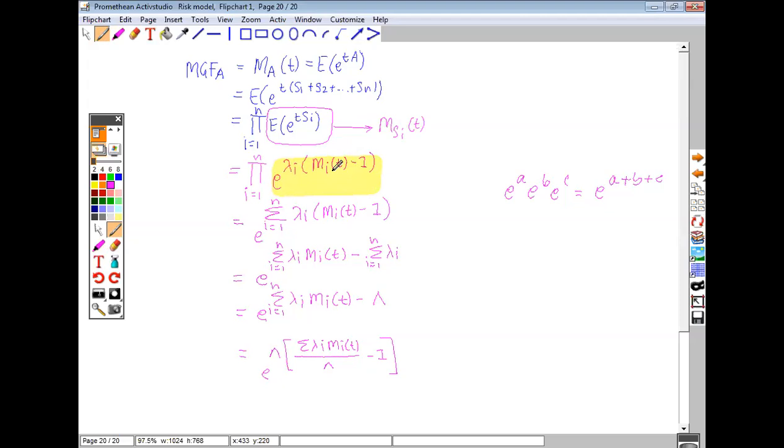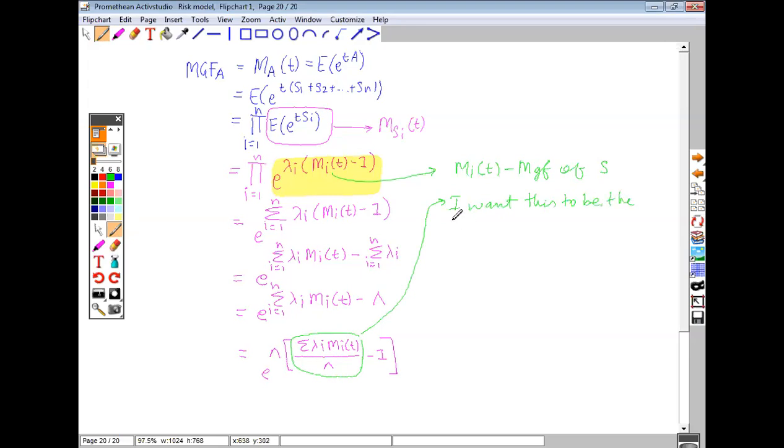This M_i(t) that I have here is my MGF of S, right? So I want this to be the MGF of, what do you guys think?